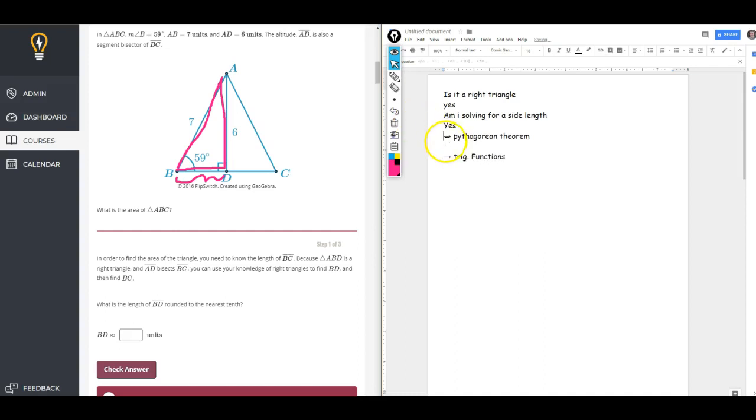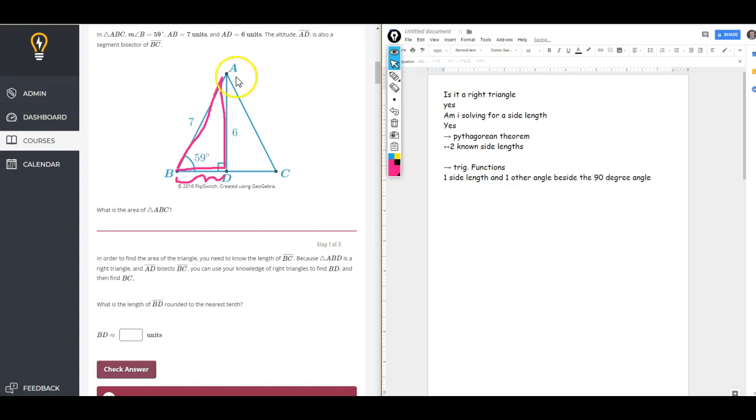Now we have to know not only the tool, but what we have to have in order to use the tool. To use the Pythagorean theorem, we have to have at least 2 known side lengths. And to use the trig functions, we have to know 1 side length and 1 other angle besides the 90-degree angle.